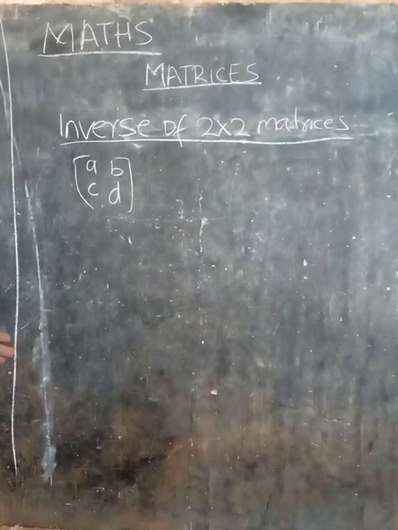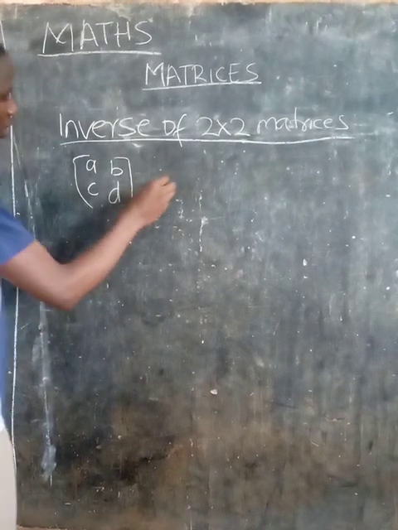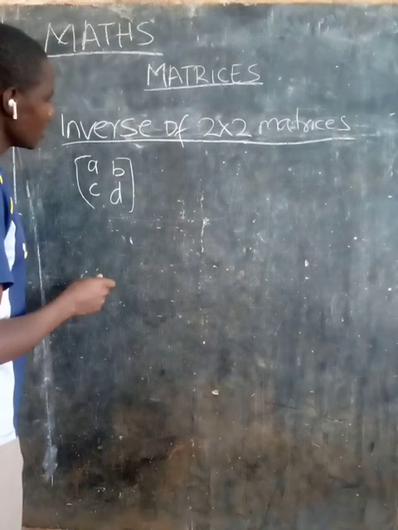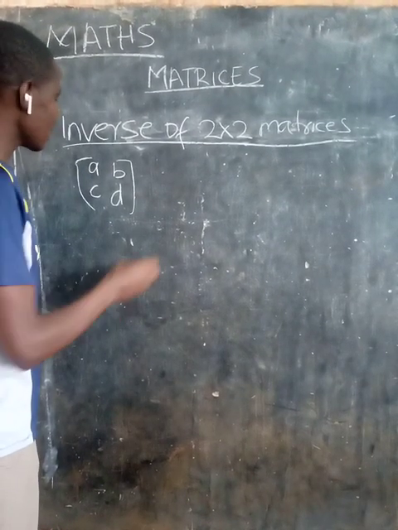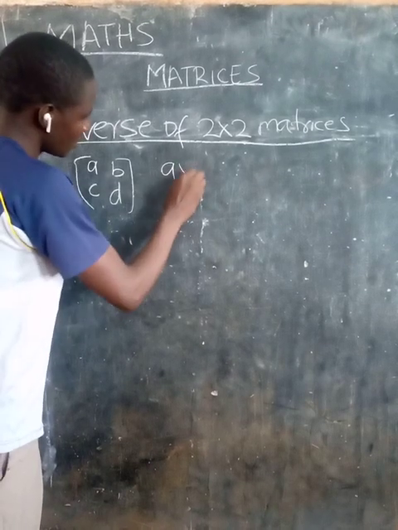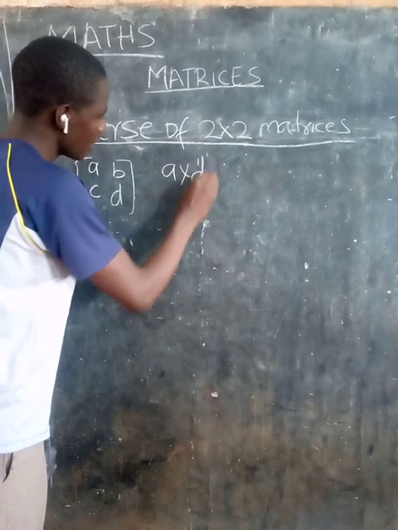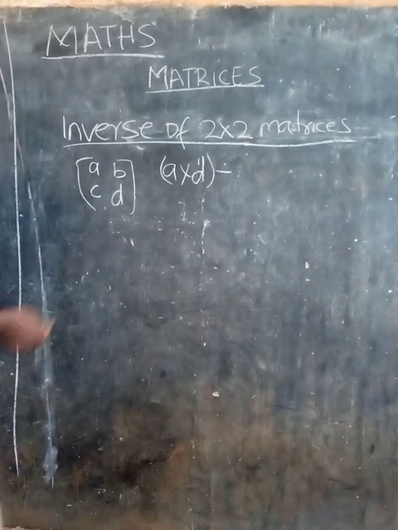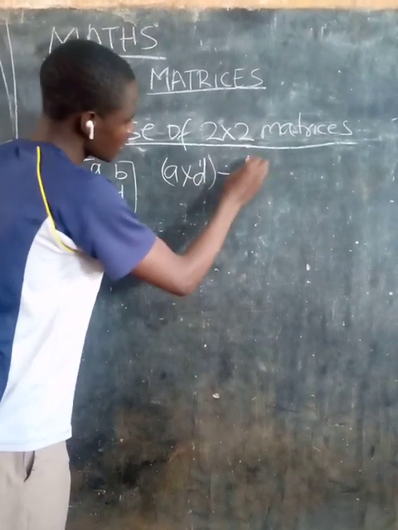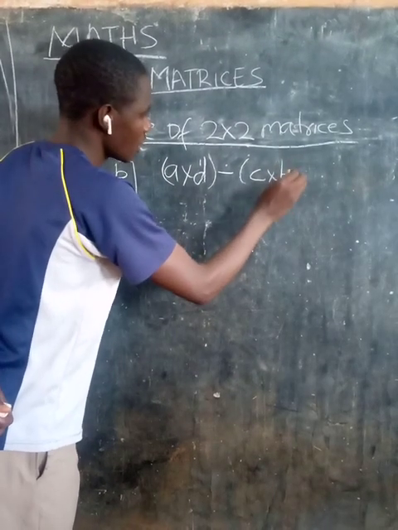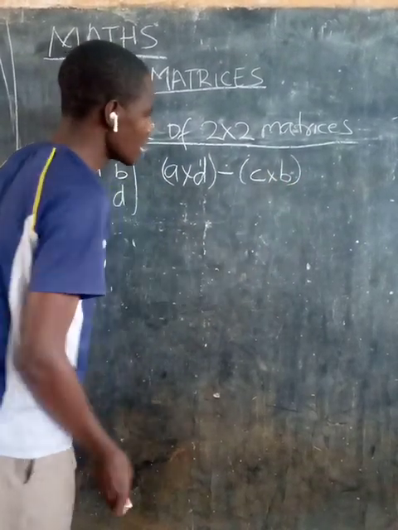We take the product of the main diagonal, as we said in our last class. The product of the main diagonal is A times D, minus the product of the other diagonal, that is C times B, or B times C.